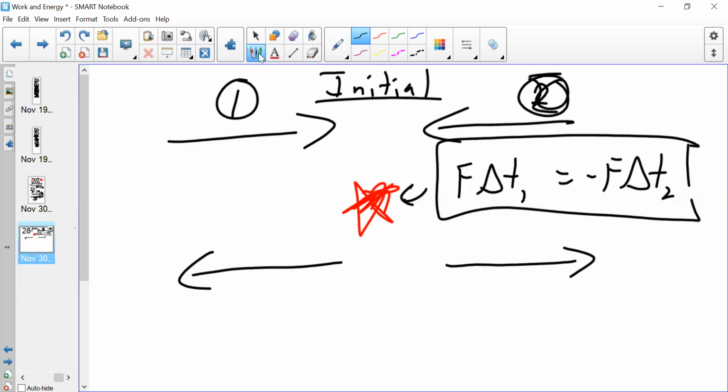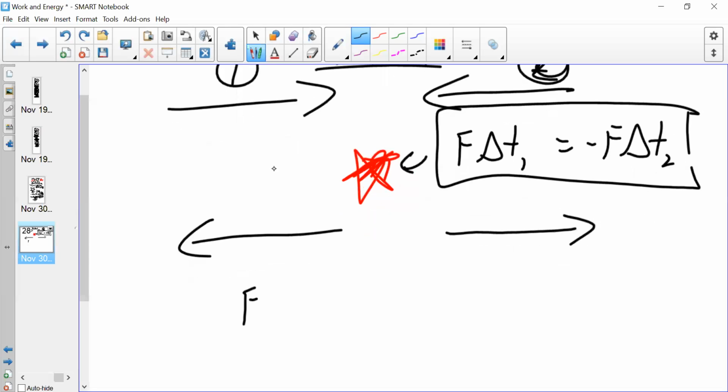So we know that F delta T on object 1 is going to be equal to M1 delta V1, because its momentum is being changed by object number 2.